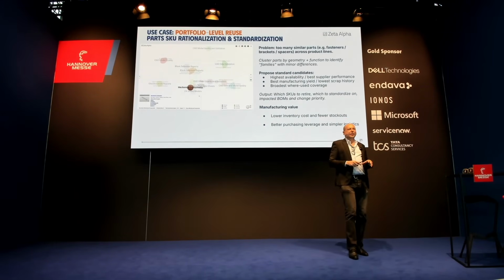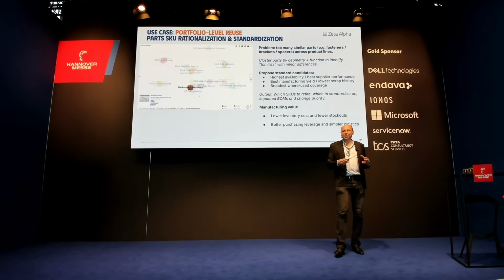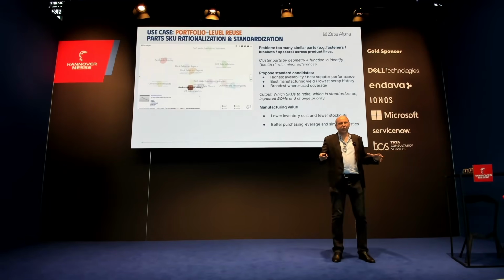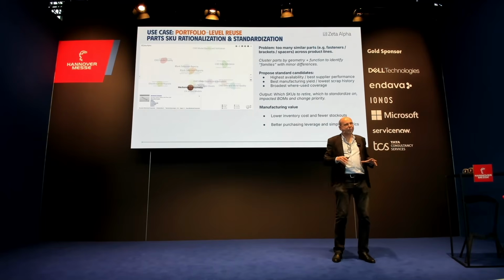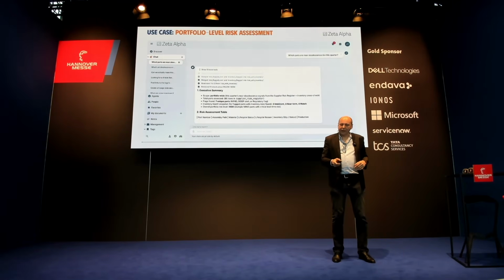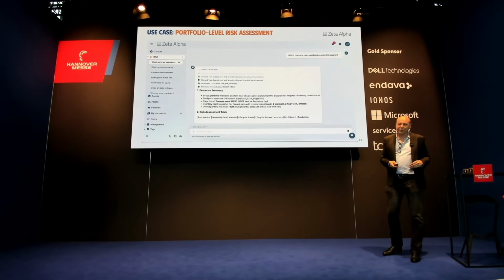Going then into the future maybe, portfolio level reuse optimization. Because everything is in this embedding space, you can fly through this whole map of your entire parts portfolio and analyze risk and replacement candidates there.